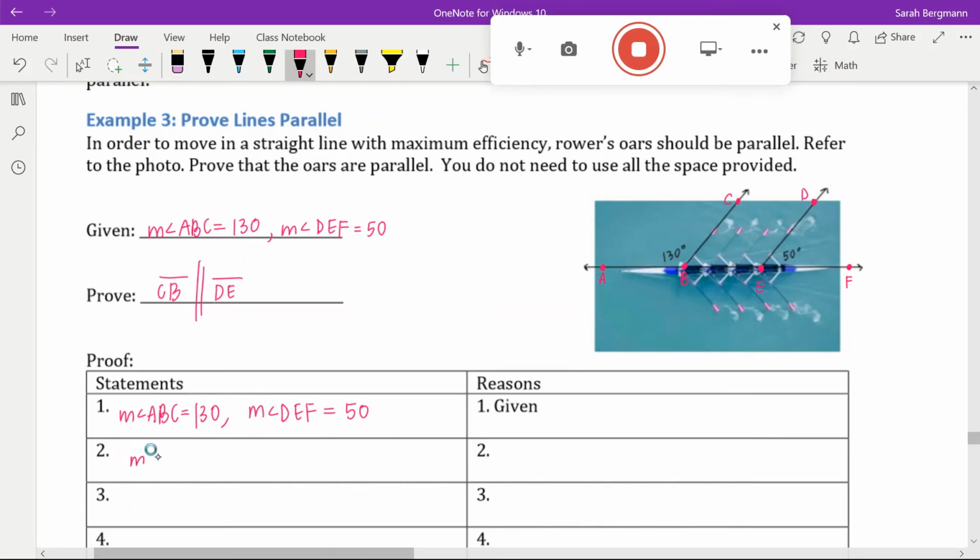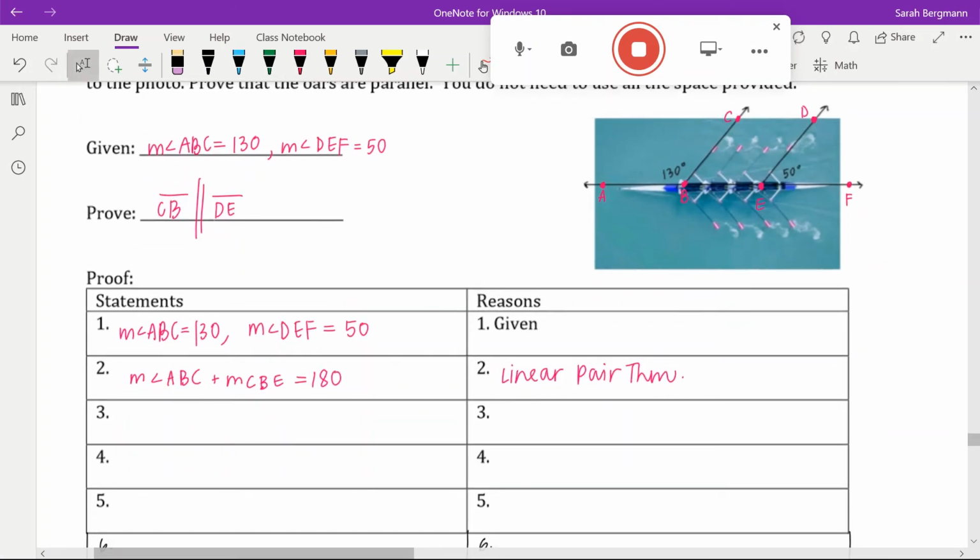So I know the measure of angle ABC plus the measure of angle CBE has to equal 180 by the linear pair theorem. I'm trying to show that angle CBE is also 50 degrees. So let's plug in 130 for the measure of angle ABC. That's called substitution.